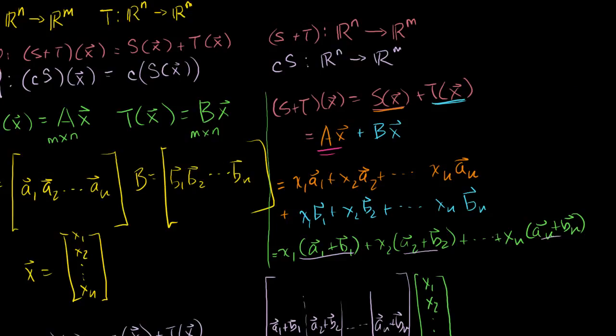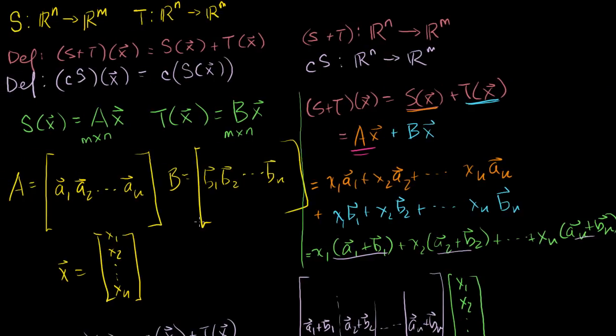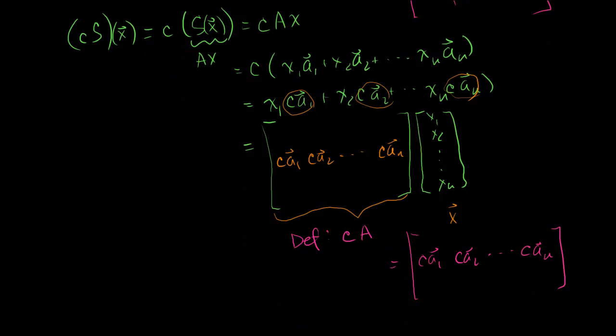I went through the trouble because I wanted you to understand that there's nothing about the universe that said matrices had to be defined this way. It is natural, but matrix addition, matrix scalar multiplication, or the addition of two transformations, the mathematical world has constructed it in this way because it seems to have nice properties that are useful. And that's what I've done in this video.